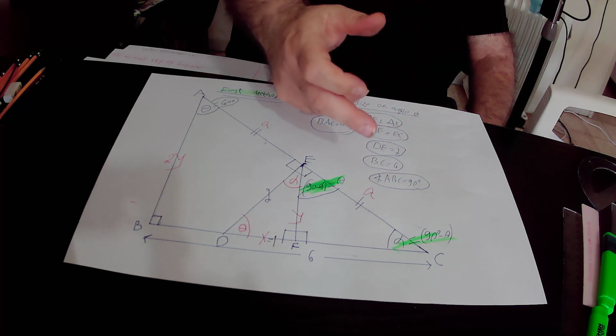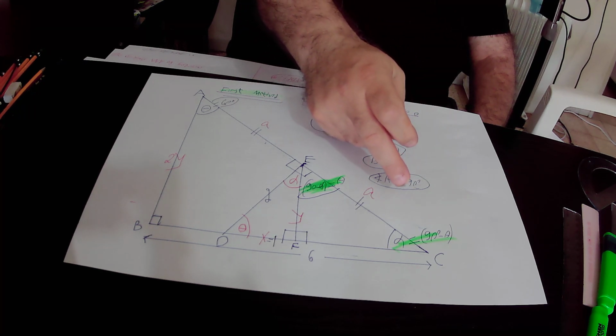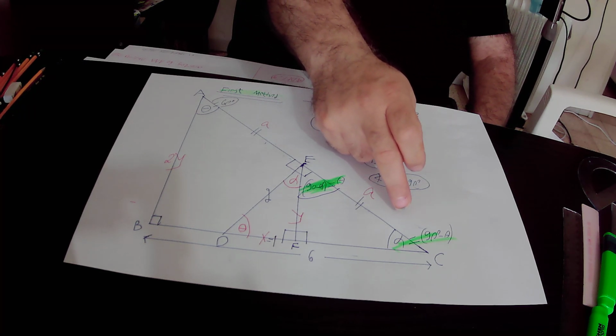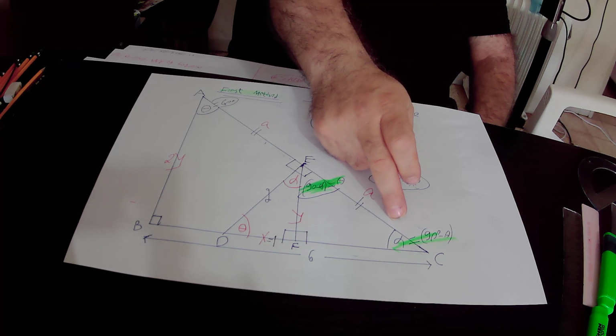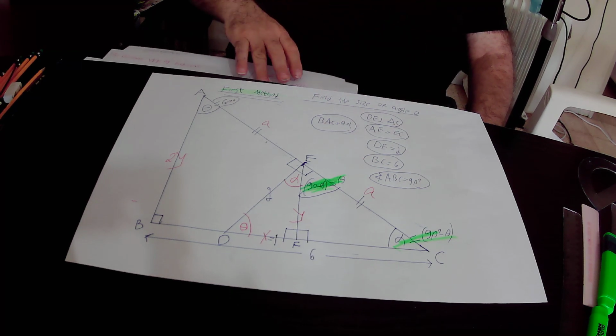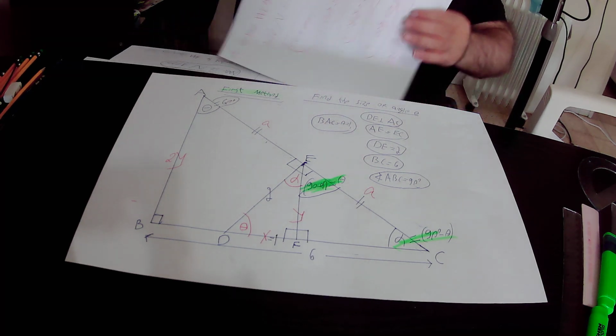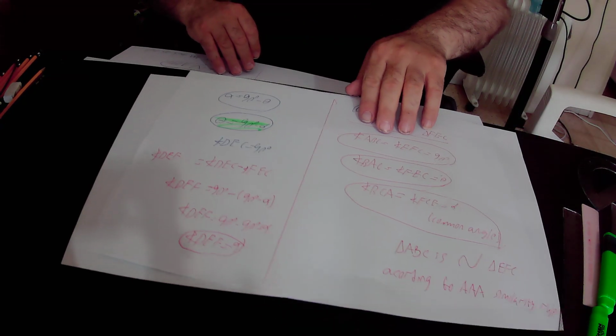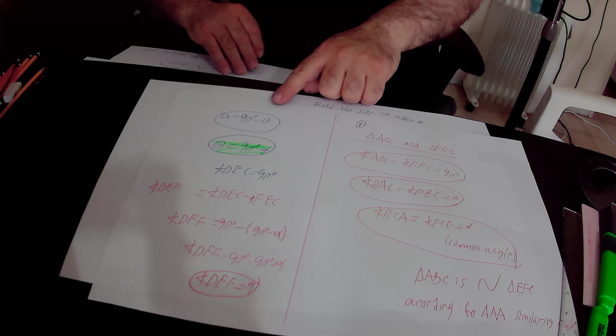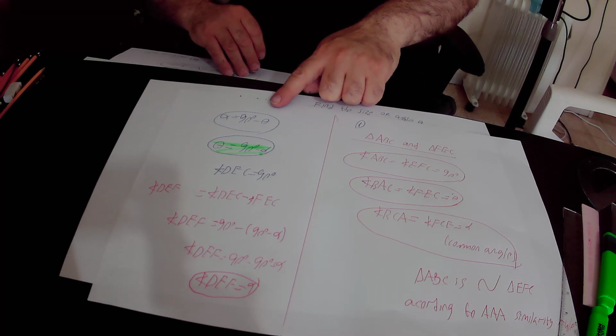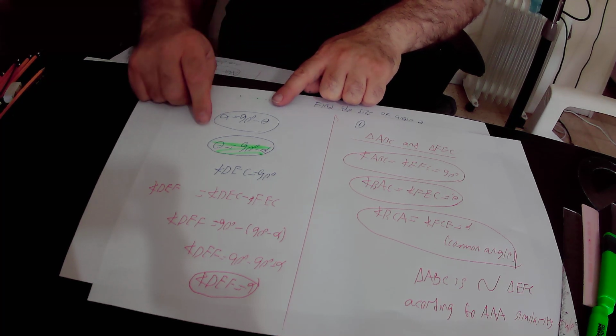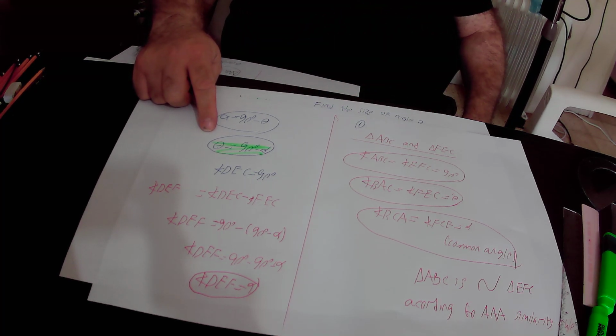So in conclusion, because according to our definition this angle equals alpha, we derive from it that alpha equals 90 degrees minus theta. We added theta to this equation and then subtracted alpha, and we got that theta equals 90 degrees minus alpha.